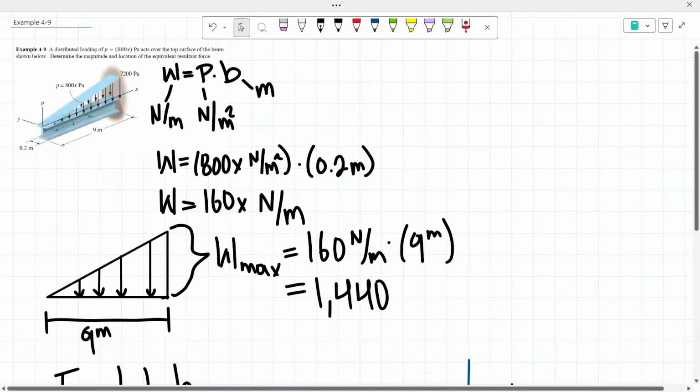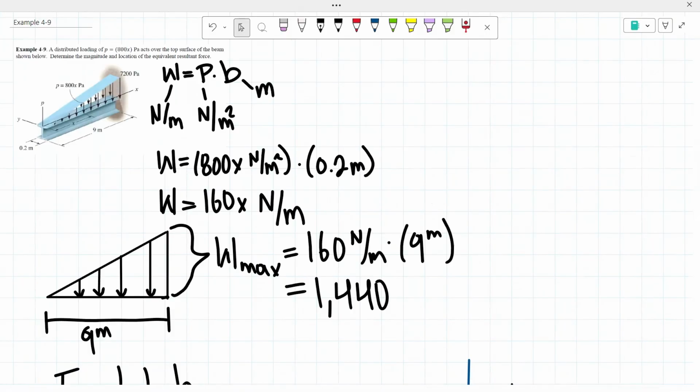Remember, this example was asking us to determine the magnitude and the location of the equivalent resultant force. So the first thing we did is we took that distributed loading of pressure and turned that into weight.